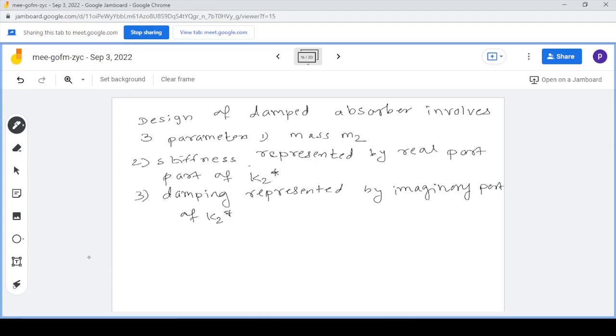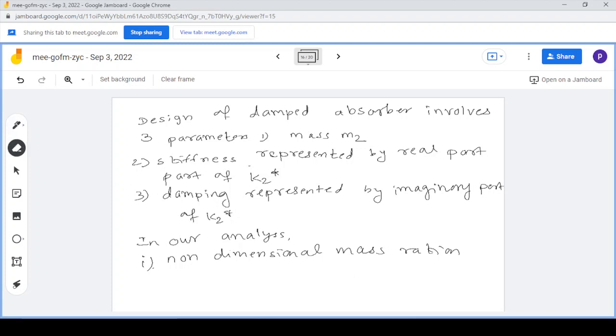Now, in our analysis, first we define the non-dimensional mass ratio, M2 by M1.